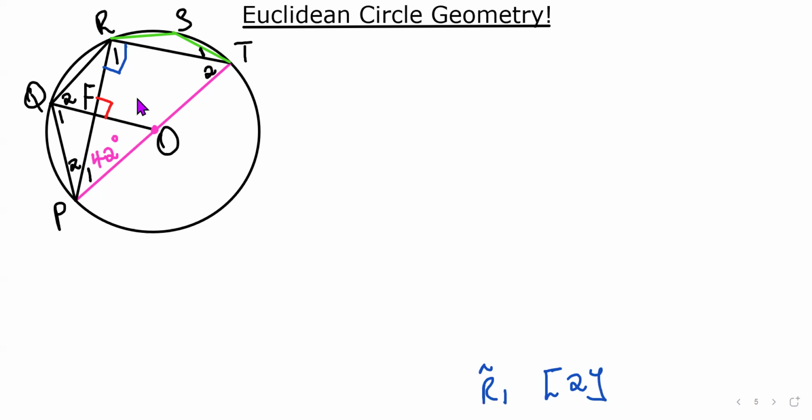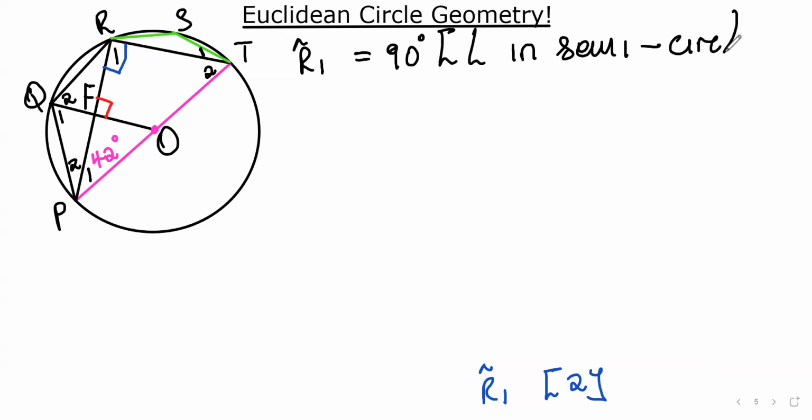Ndozo told us this one: angle R1 is 90 degrees because it's an angle in a semicircle. Someone said it with a British accent, which is nice. So that's 2 marks, and then you're fine.